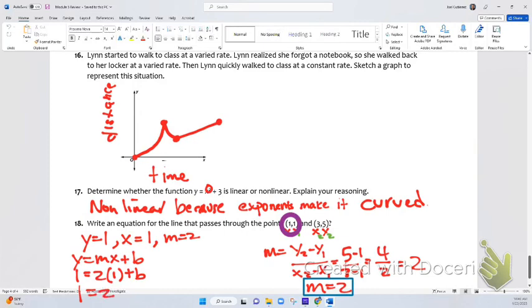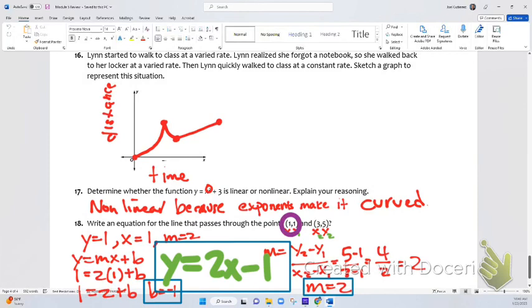So if we try to find the b, right, what number plus 2 gives me a 1? The b would have to be a negative 1 in order for that to work. I just found the second piece to that. Now that I have the m, now that I have the b, I write my final equation, which is always in y equals mx plus b form. So y equals 2x. You could put plus negative 1, or you could just put minus 1, however you want to do that. So that's your final answer.